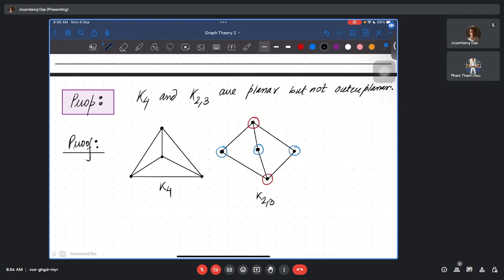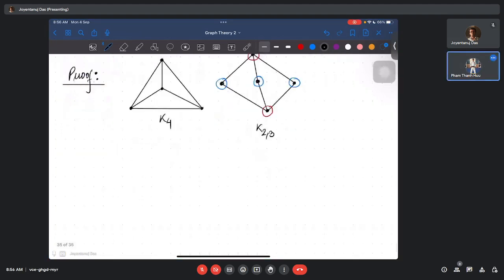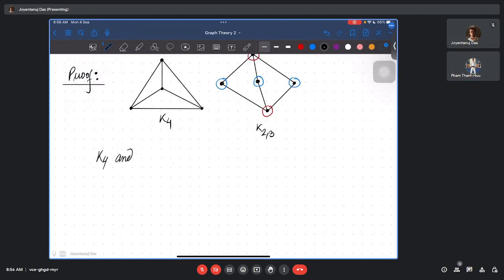Okay, now we have to show that they are not outer planar. K4 and K23 both have planar embedding, so this implies they are planar.